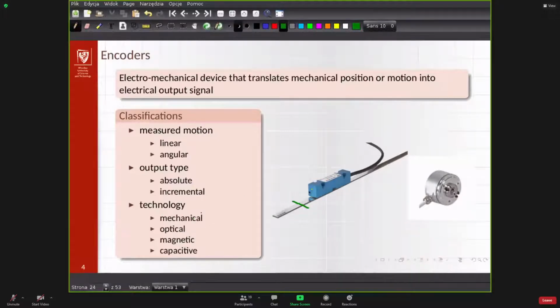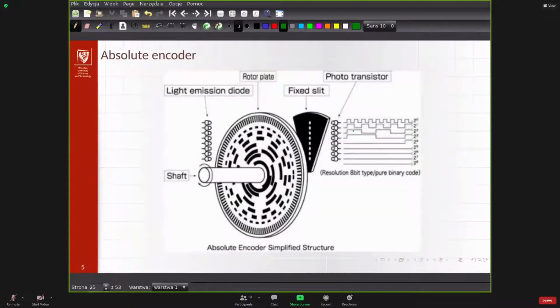As for technology, you can guess what physical properties are used to get the information in each case. So we'll show examples in a while of different approaches. Firstly, you can see the absolute encoder, and this is the optical absolute encoder for the rotational type.